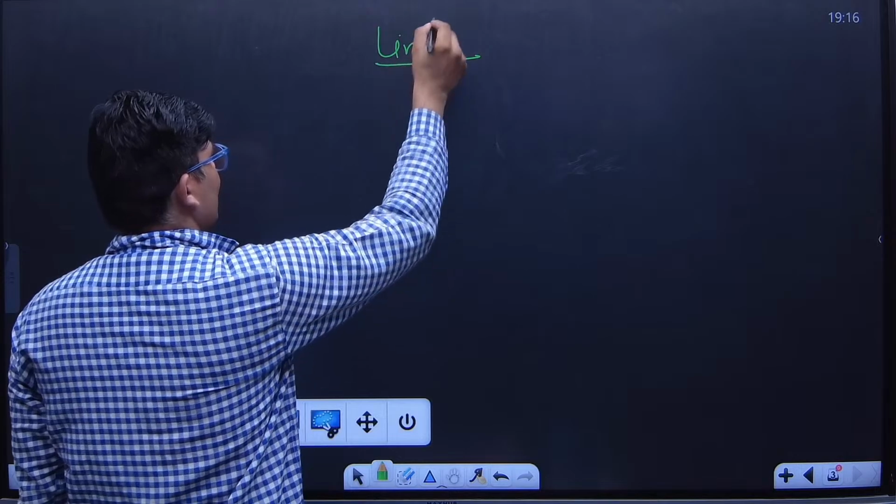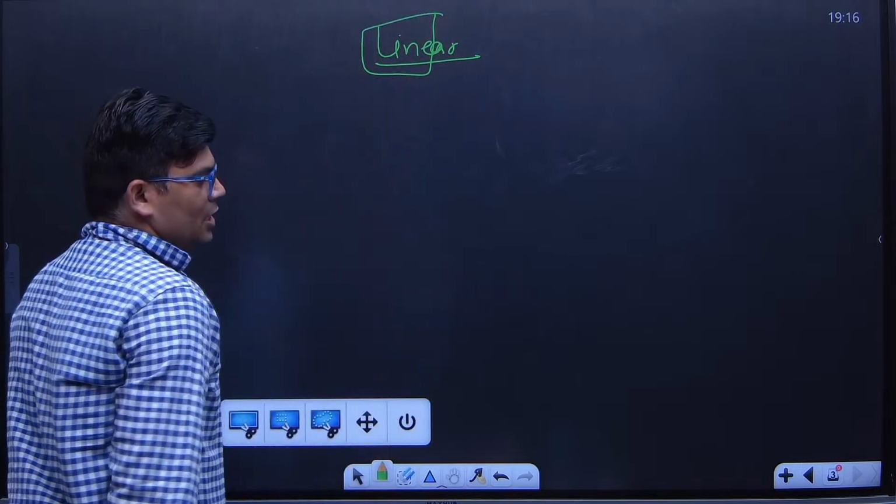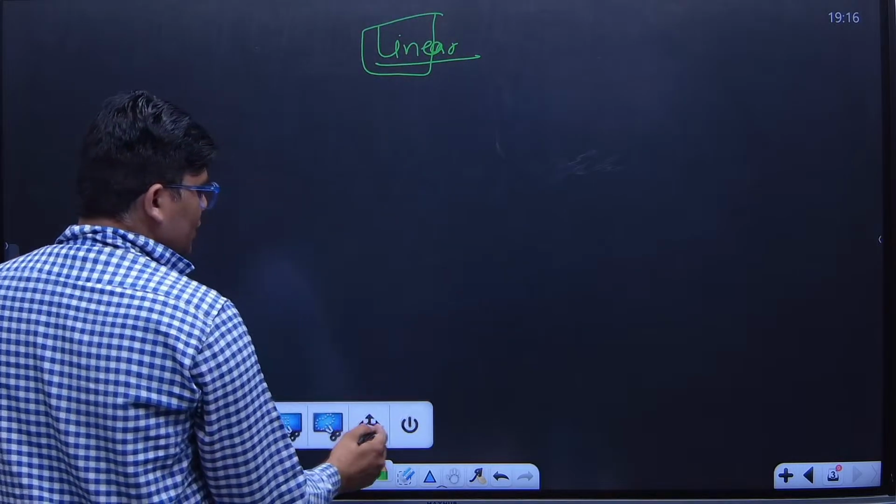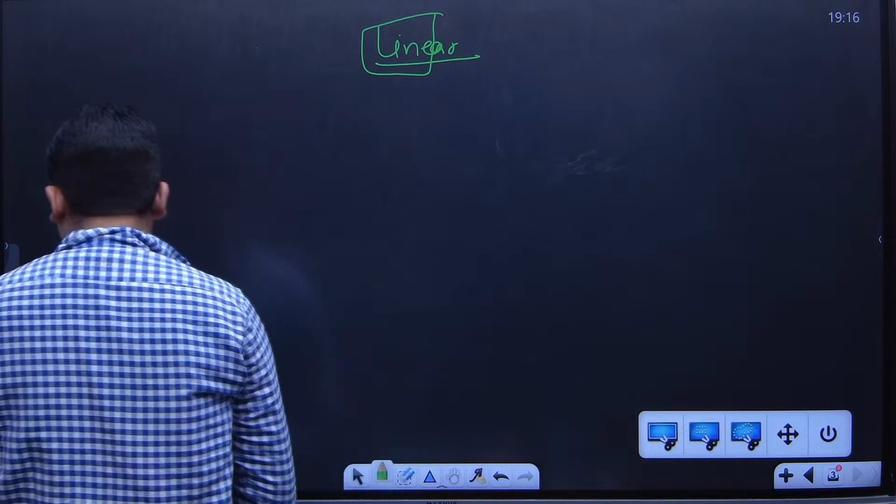Linear means you have a line in this, it is a straight line. Okay, and how to make the graph? To make the graph, we must have two axes.